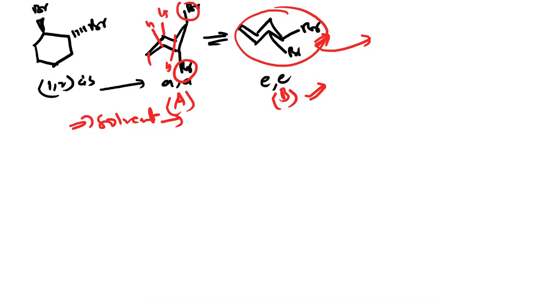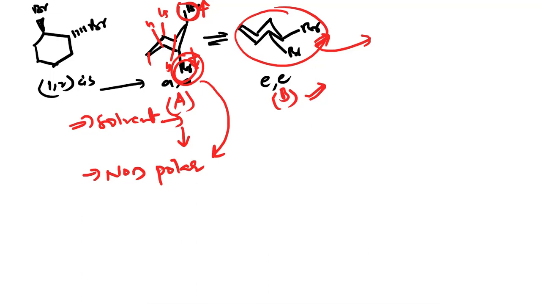For example, if the solvent is non-polar, just note this point, which conformation of the given compound exists? Simply the first one will exist and it will be the stable one, because you can see here the two bromine dipole vectors point opposite to each other in this diaxial chair conformation.